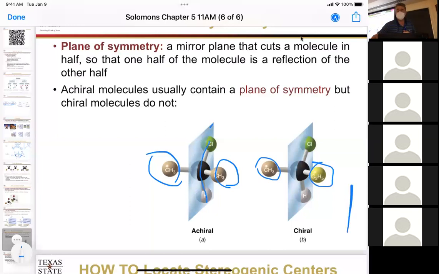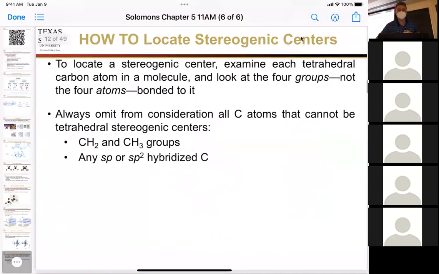All right, so how do we find stereogenic centers? The first thing we want to do is look for 4 different things. That means anything that's a CH2 or a CH3, ignore. Those can't be chiral centers. The other thing is it has to have 4 bonds, so it can't be sp or sp2 hybridized.